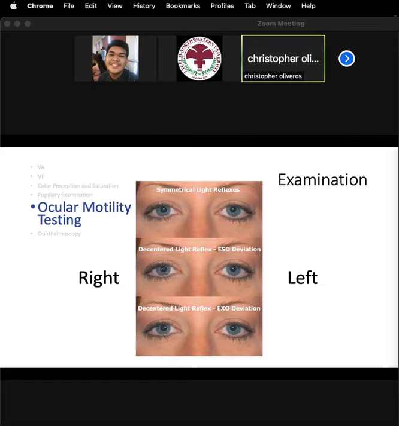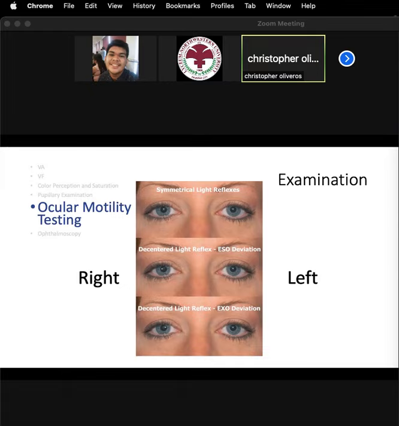Not sure. Miss Amulia, why right? Doc, the light is not at the center. It's towards the right.